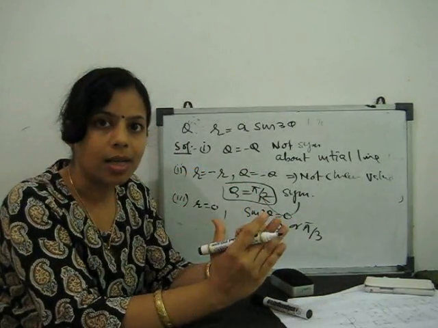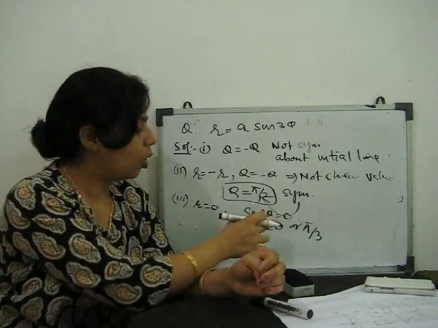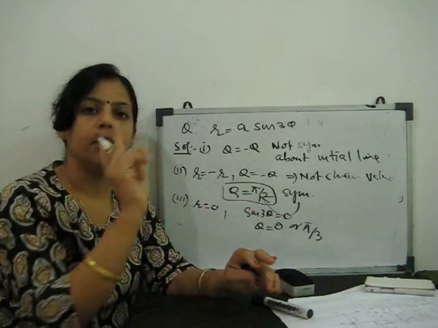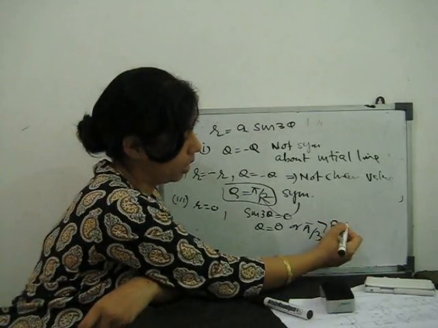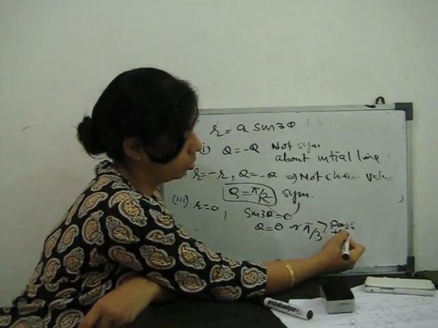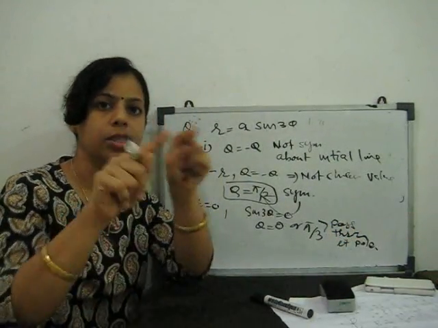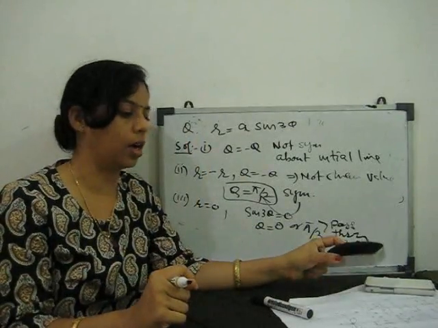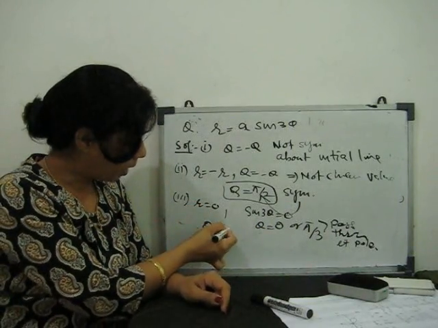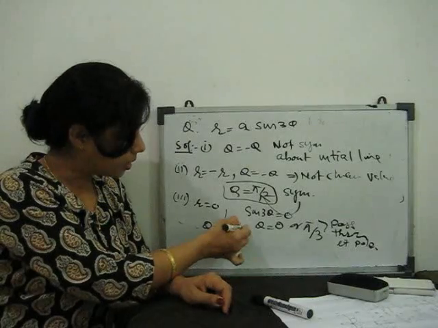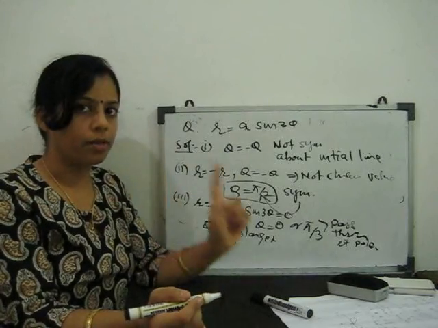It means theta gives real values. What I say is, if we put r is equal to 0 and theta gives real values, it means the curve passes through its pole, that is, through the center of the given curve, and theta is equal to pi by 3 is a tangent of the given curve.